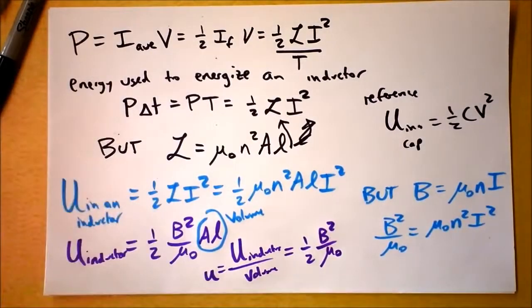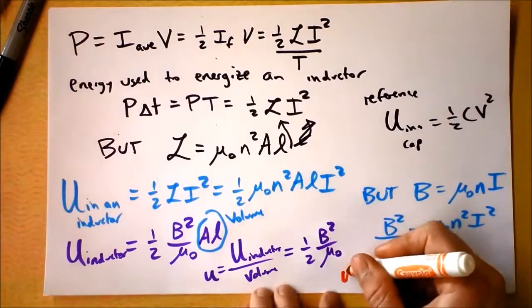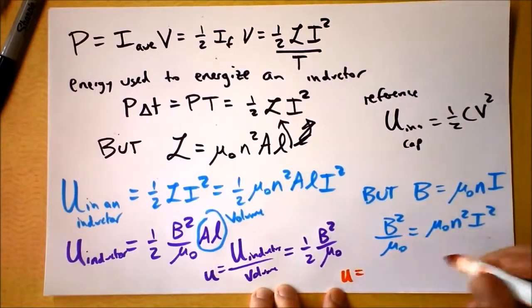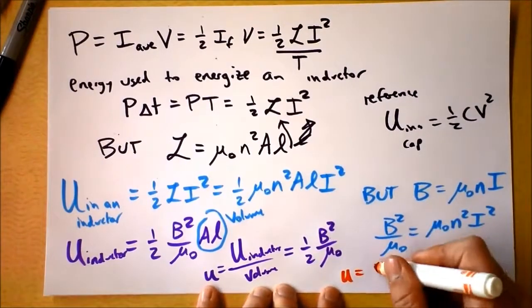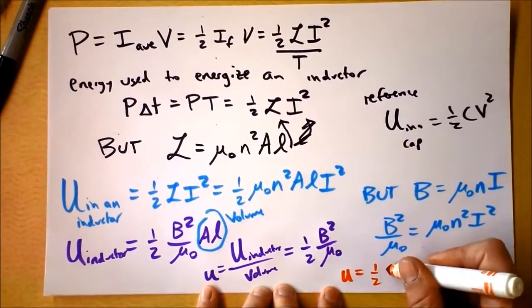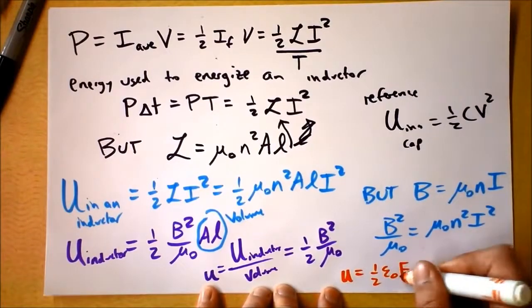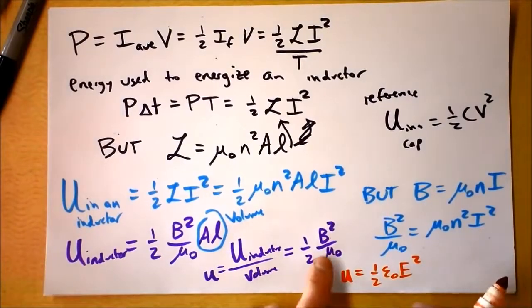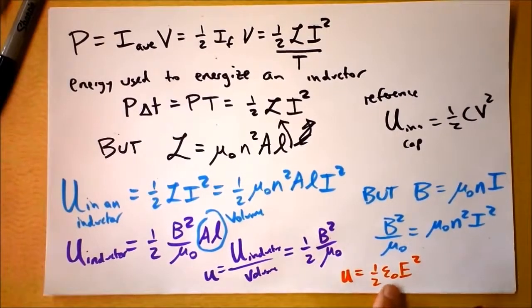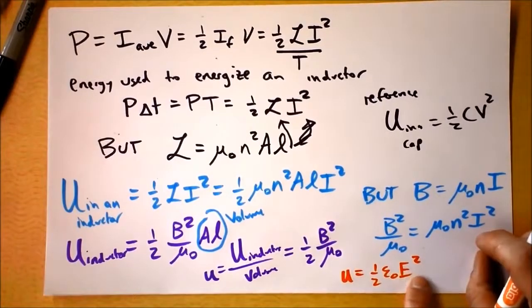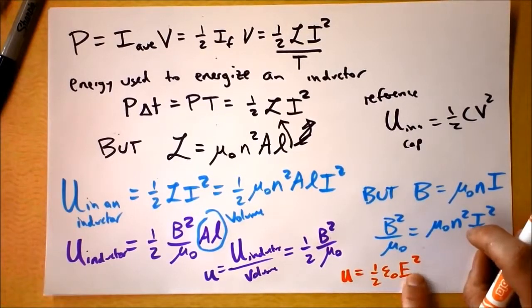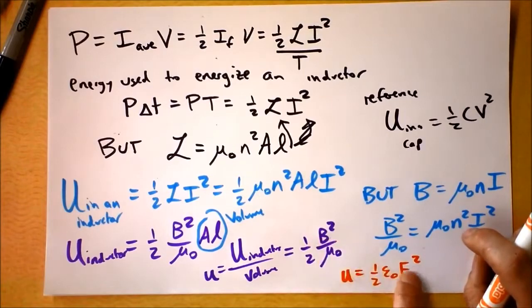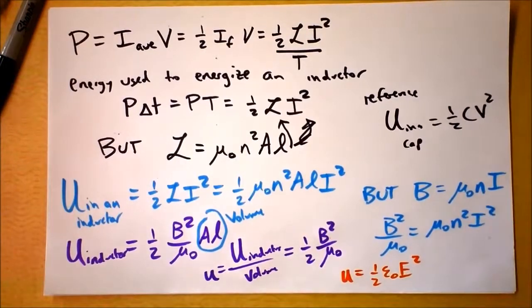And I want you to remember that the energy density of a capacitor is 1/2 epsilon naught E squared. Look at the similarity between these equations. Yeah, mu naught is in the denominator and epsilon naught is in the numerator, but we're squaring the value of the field. That's how fields store energy, as the square of the value of the field, and we're multiplying by 1/2.